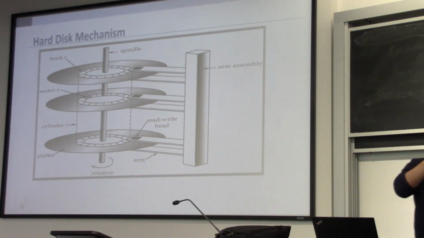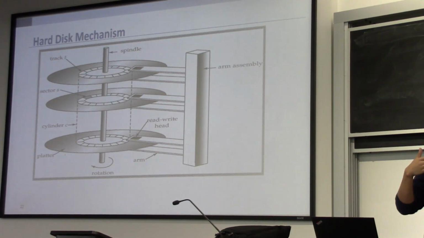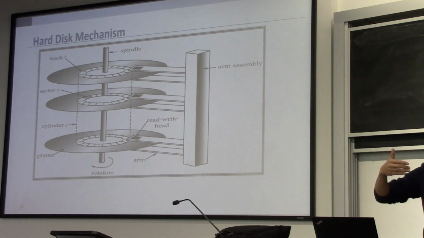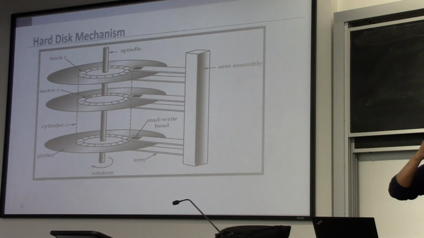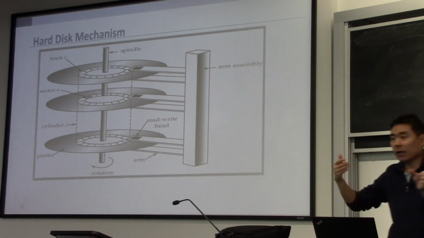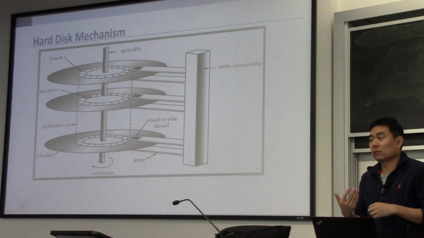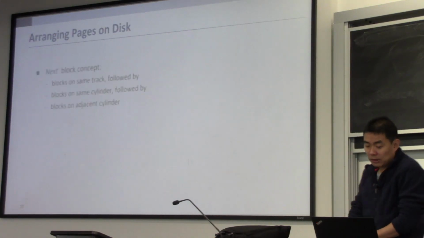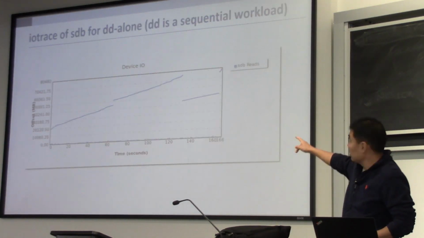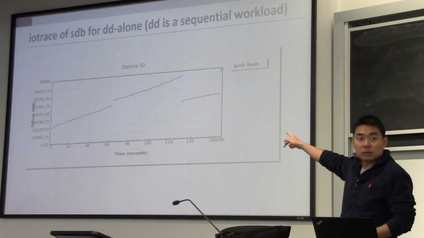At that point, you do need to move your arm again to the next track, then to the next track, then to the next track. But this is much better than moving your arm, waiting for the rotation, reading one page, then moving your arm again and reading another page. So this is essentially the pattern it looks like from a sequential workload.